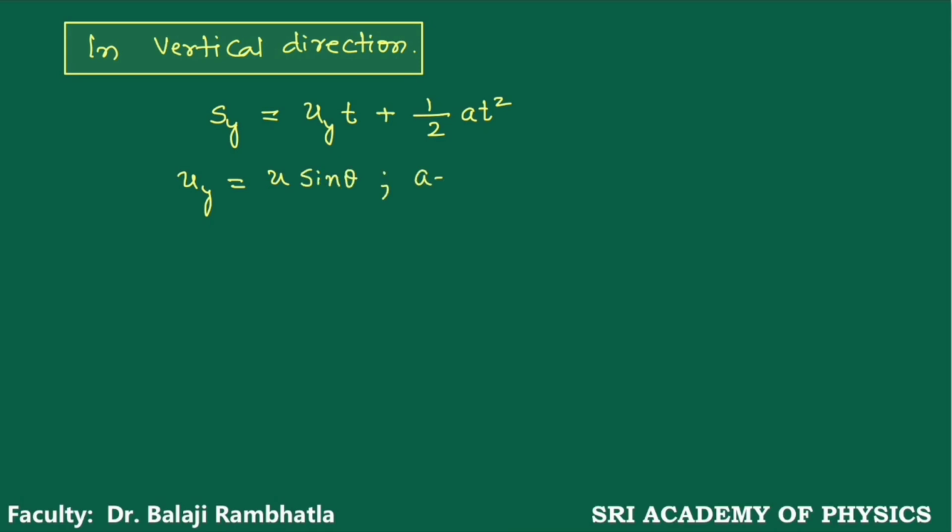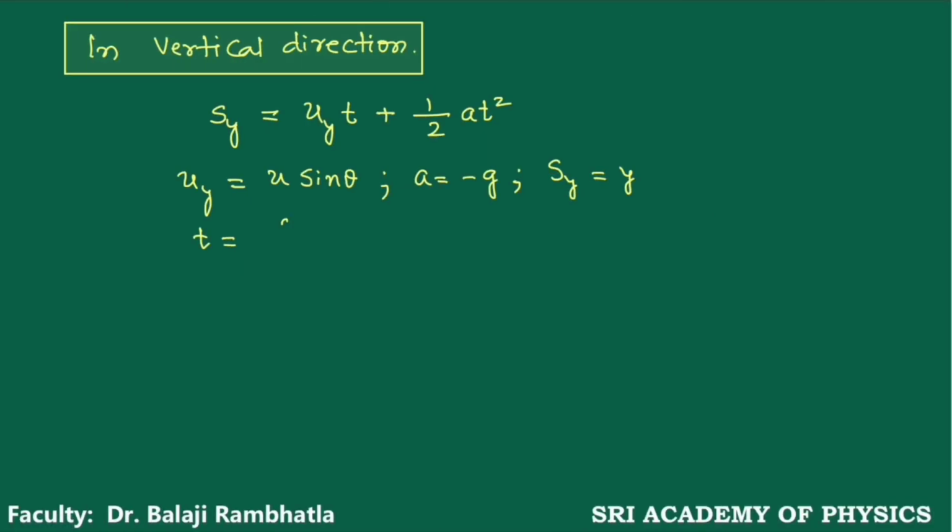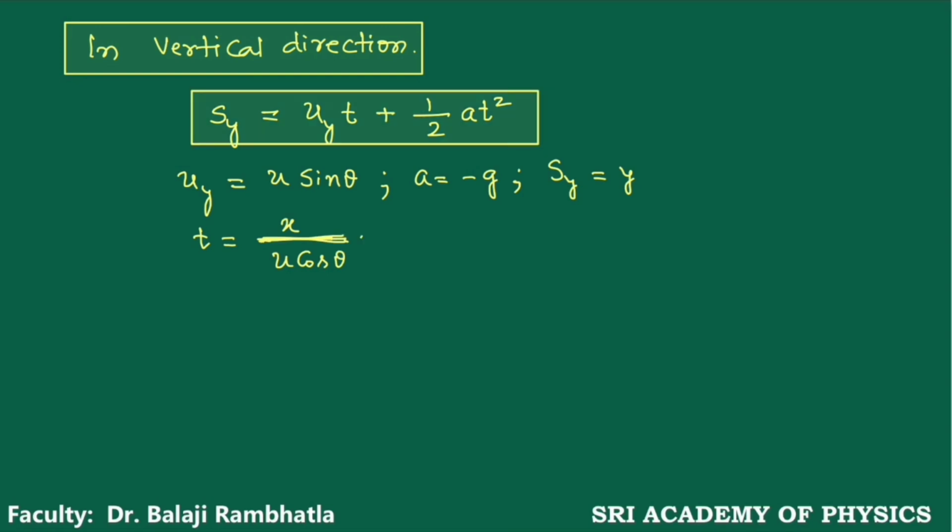What is the a value? Minus g. What is the sy value? Y coordinate value, that is y. And what is the t value? t value is equal to x by u cos theta. That is the value of t. Substitute these values in this equation.